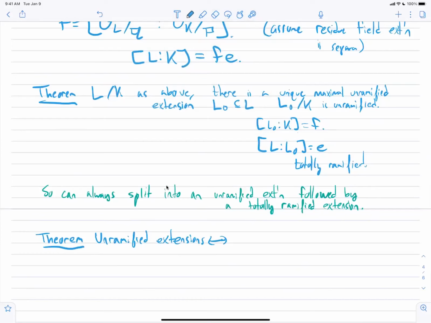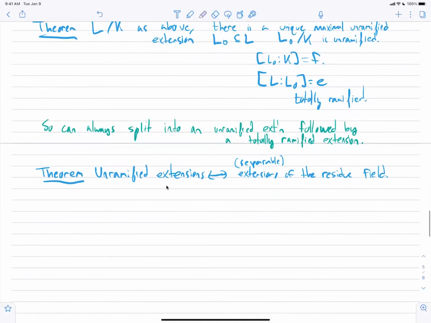But unramified extensions are in bijection, or equivalent to, separable extensions of the residue field. So somehow the problem of understanding unramified extensions is the same as the problem of understanding extensions of the residue field, in the sense that if I have an unramified extension, it's totally determined by the residue field extension.